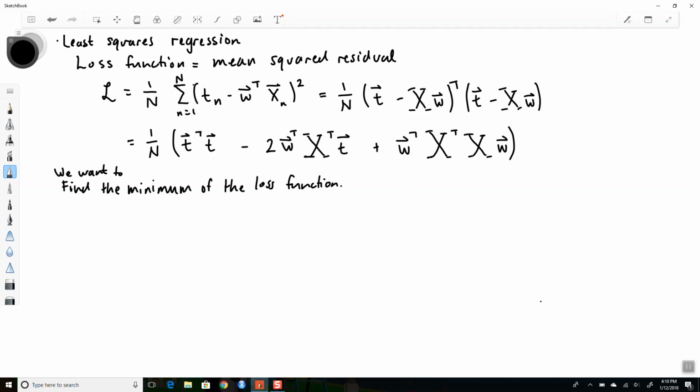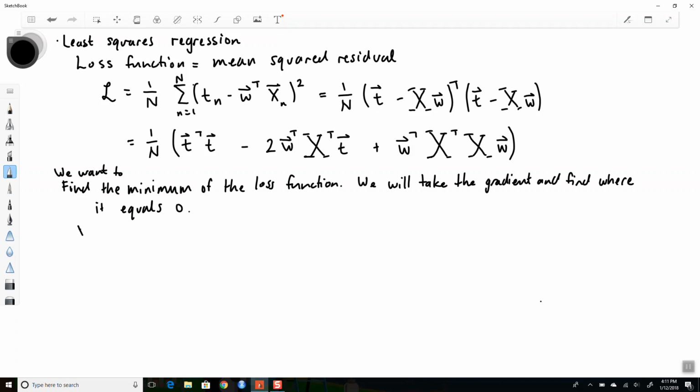The way we will do this is we will take the gradient, or the derivative of this function, and find where the gradient is equal to 0, or in this case 0, 0.